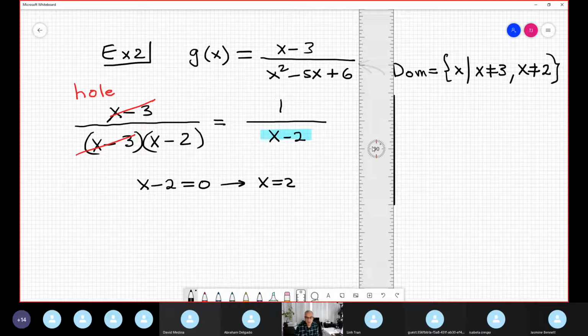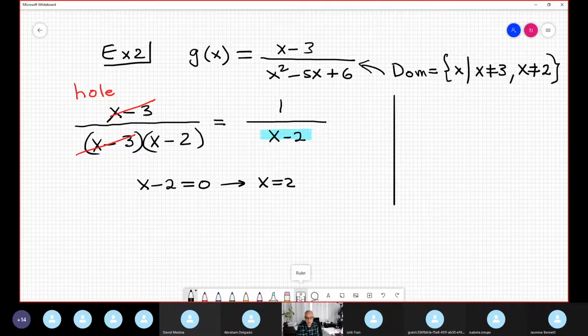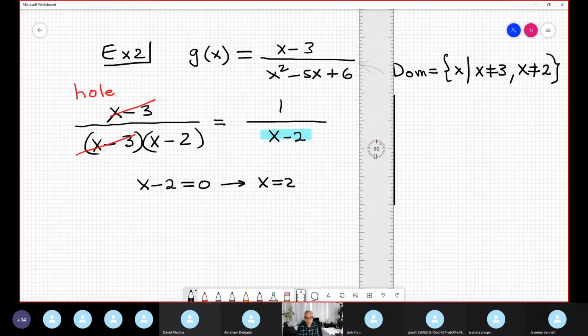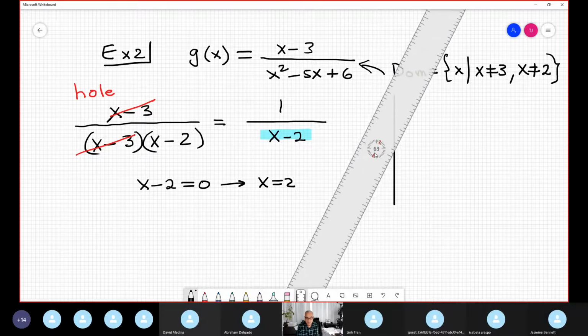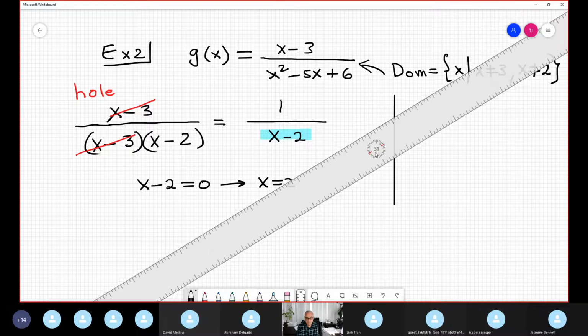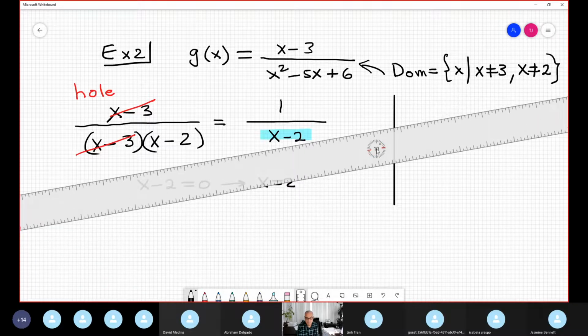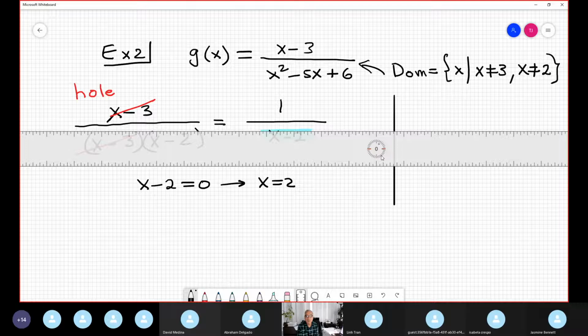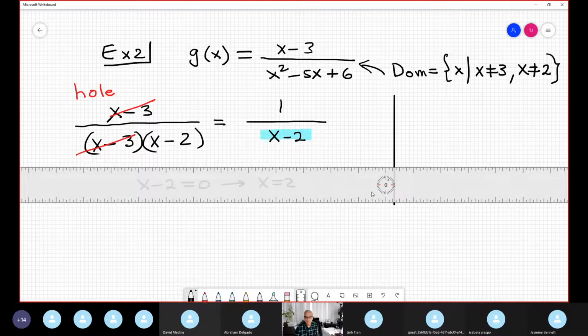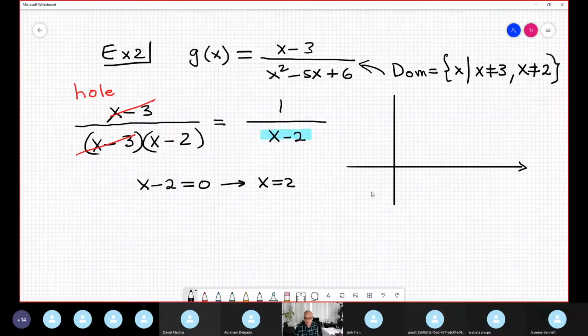The other axis is the x-axis, horizontal, 0 degrees. So I know x equals 2. This is 0, this is 1, this is 2, this is 3, this is 4, and so on. This is the x-axis.